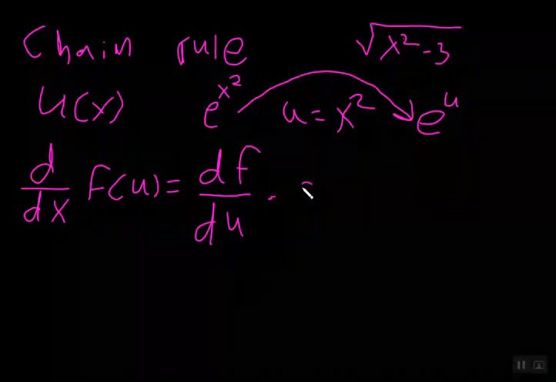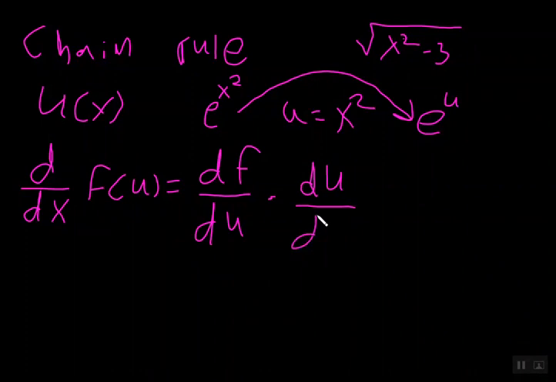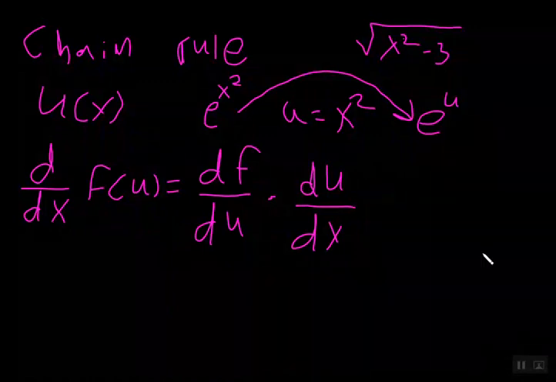The correction factor here is times du dx. Now there's a lot of interesting things we can do with this, and the chain rule is pretty beautiful, and you can also see kind of a derivation of it. These du's cancel out and we just get df dx, which is what we want.